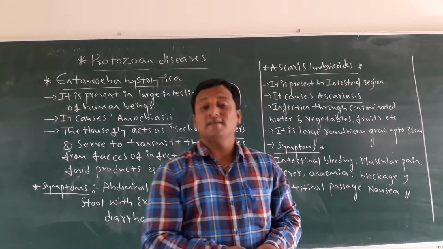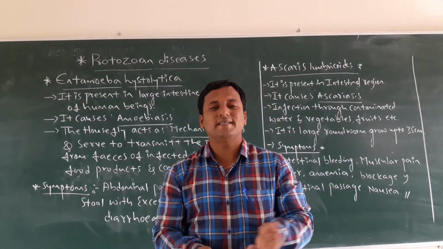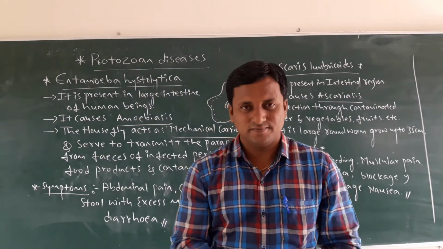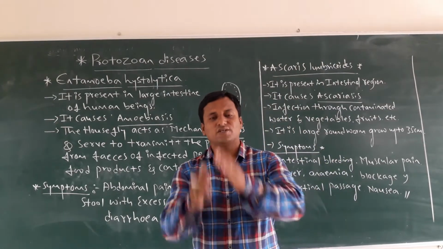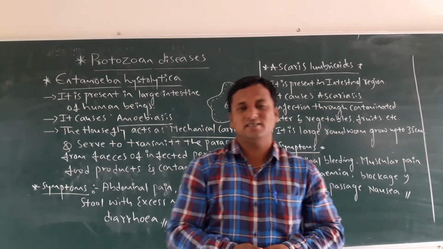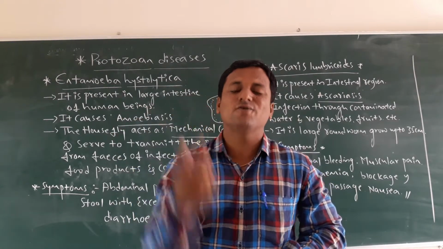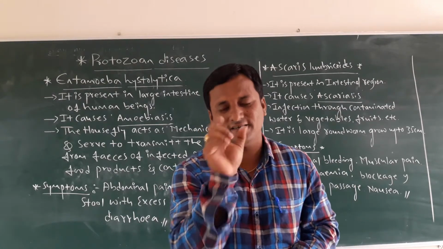Dear students, we have already discussed the protozoa phylum, where it comes. This phylum comes under the animal kingdom. In first year PUC, we know that there are two main categories of animals based on the vertebral column, that is, the notochord: chordata and non-chordata.